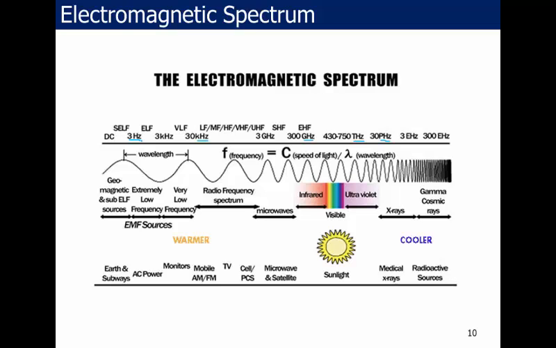So radio frequency is here somewhere, which is gigahertz. Microwave is here. This is what we are going to use for Wi-Fi and cellular signals. And X-ray is here, and gamma.